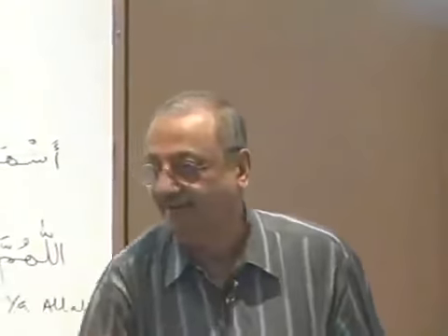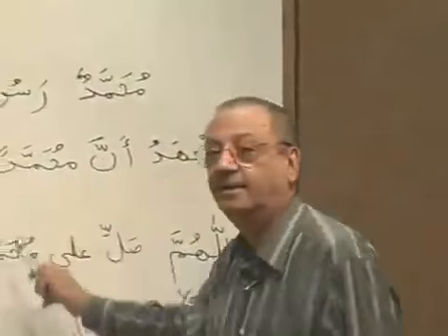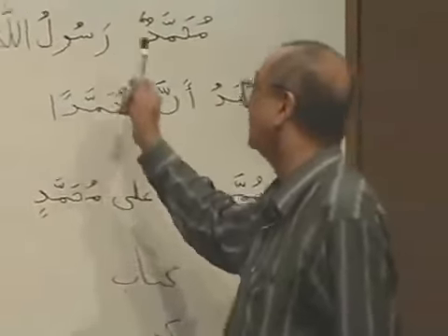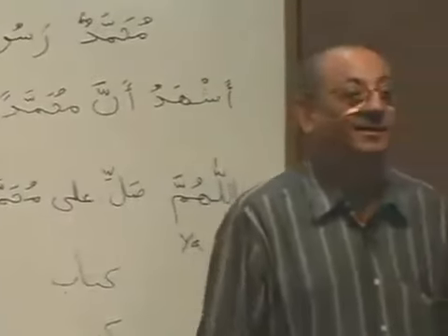So, to wind up, brother, in Arabic, the nouns decline. Are you with me? They can end with a dhamma, or they can end with a fatha, or they can end with a kasra. If they end with a dhamma, we call it marfu.